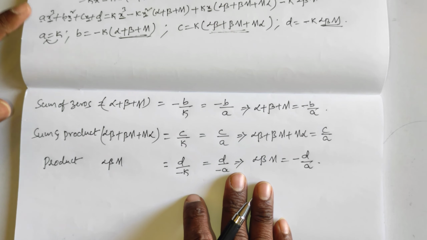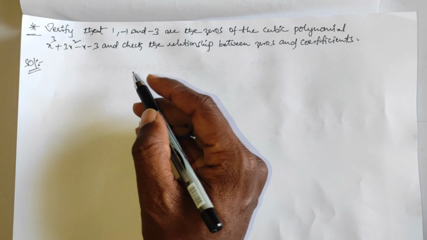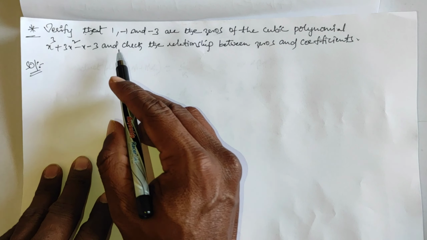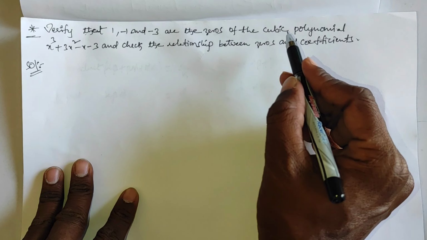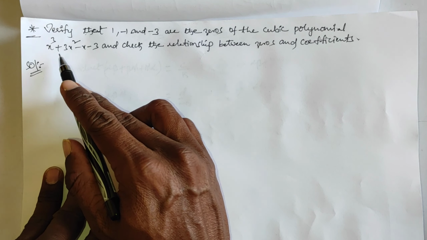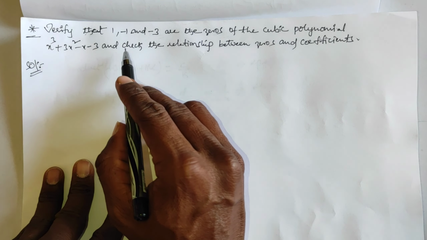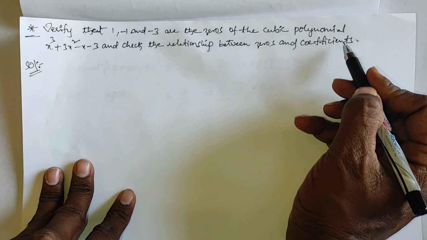Is it okay? So we'll see this one by observing a question. Verify that 1, minus 1 and minus 3 are the zeros of the cubic polynomial x cube plus 3x squared minus x minus 3, and check the relationship between zeros and coefficients.